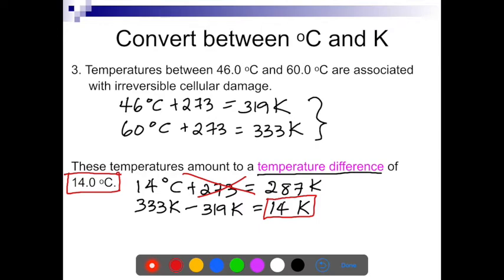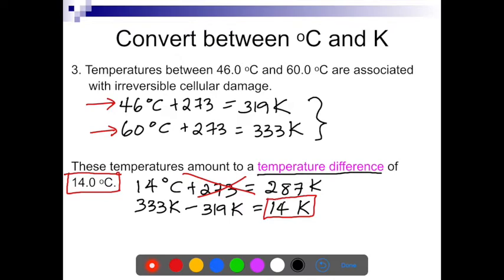To see this in more detail, let's try to get the temperature difference by subtracting these two temperatures with the Celsius being converted to Kelvin.